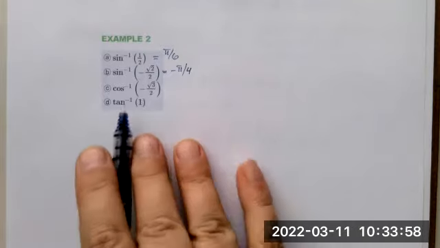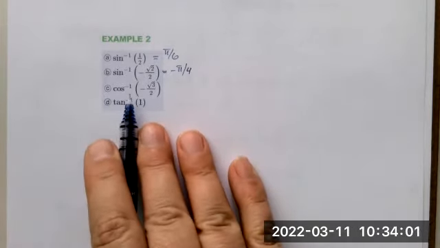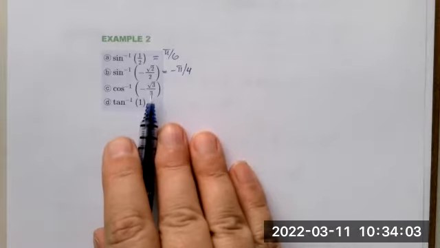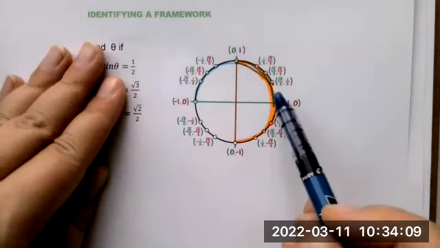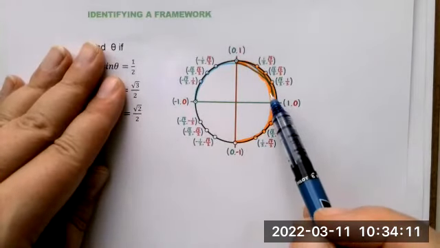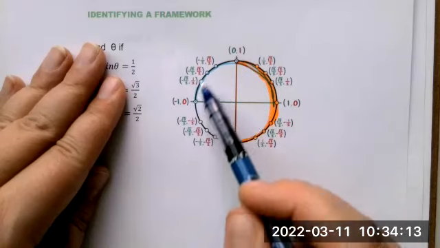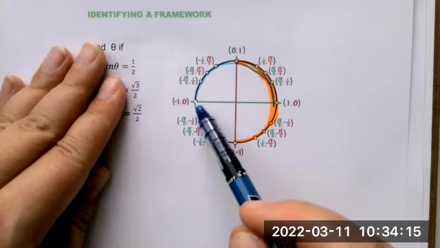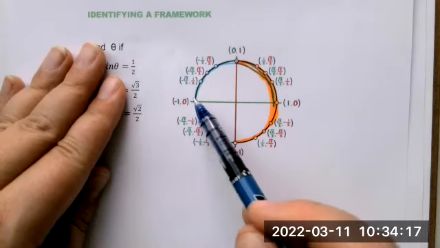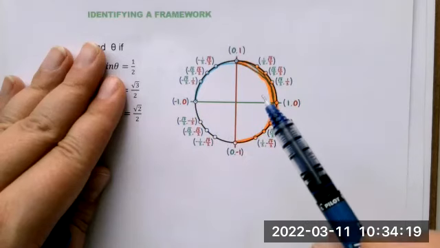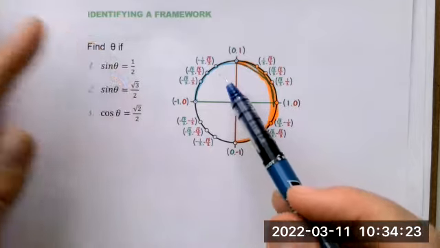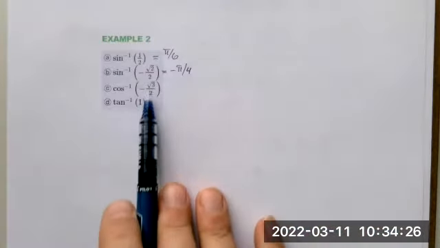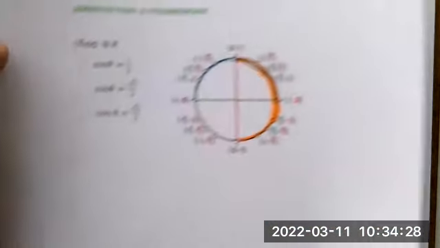All right, so now we're looking for inverse cosine of negative root of 3 over 2. So again, since it's an inverse cosine, we're going to look on this side of the circle, and that's an angle whose terminal side forms a point where the x-coordinate is negative root of 3 over 2.